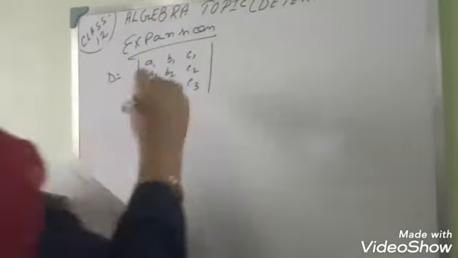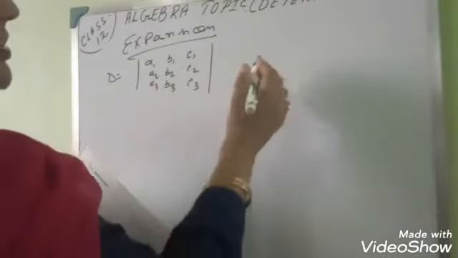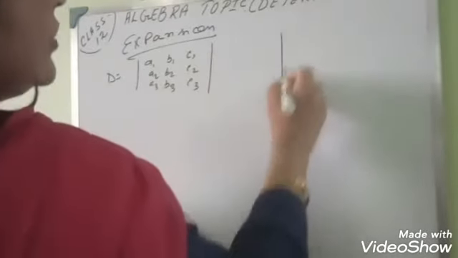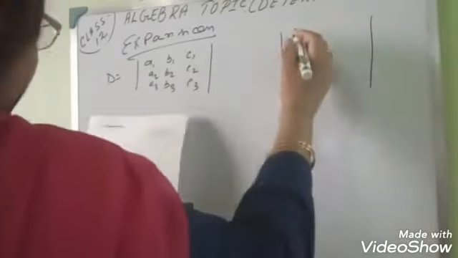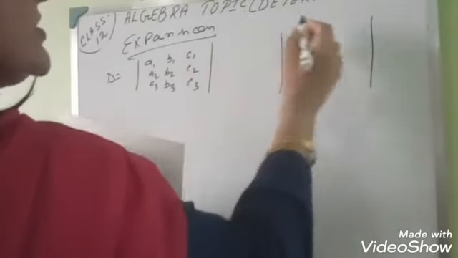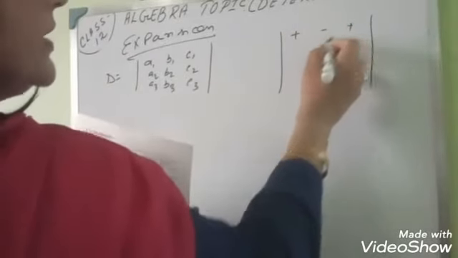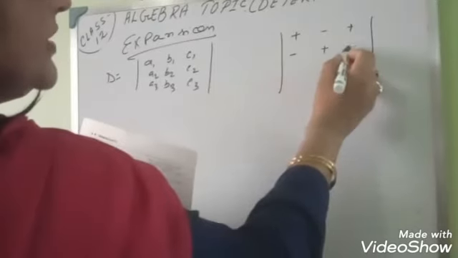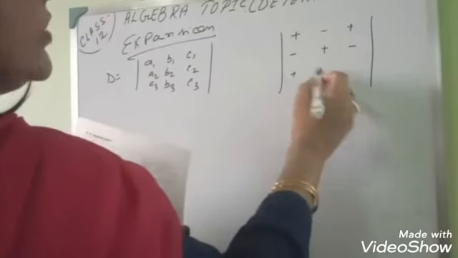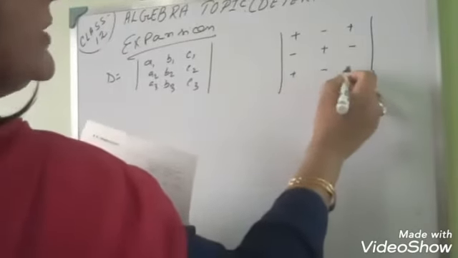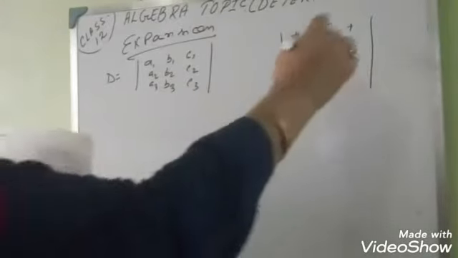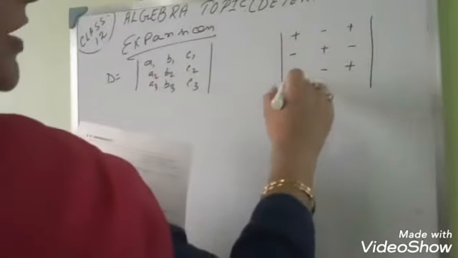Now what is the sign? For expansion we have to follow the sign. First plus, then minus, then plus, then again minus, then plus. The alternating plus and minus will come. So plus minus plus, minus plus minus, plus minus plus.